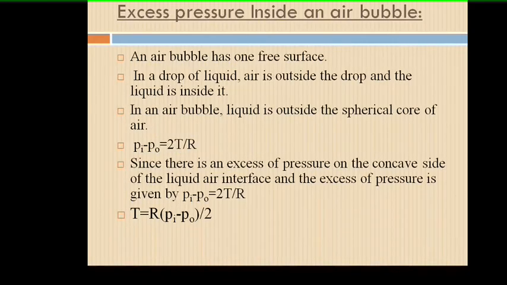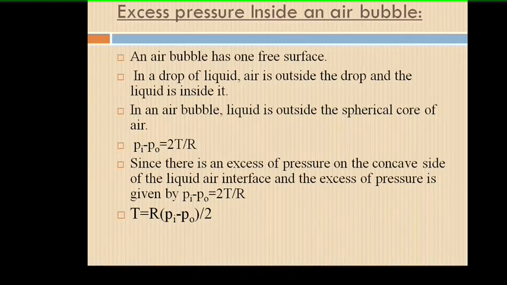Now we'll see the excess pressure inside an air bubble. An air bubble has one free surface. Earlier we have seen for a drop of liquid, air is outside the drop and the liquid is inside it. In an air bubble, liquid is outside the spherical core of air.